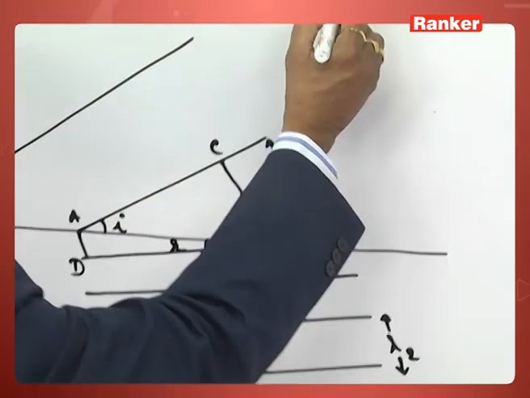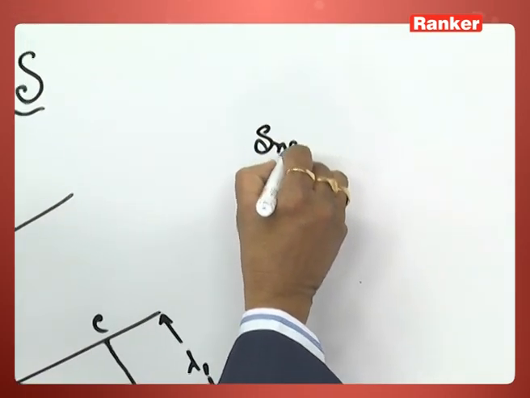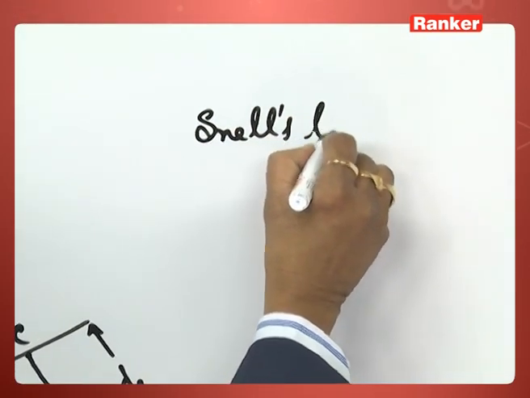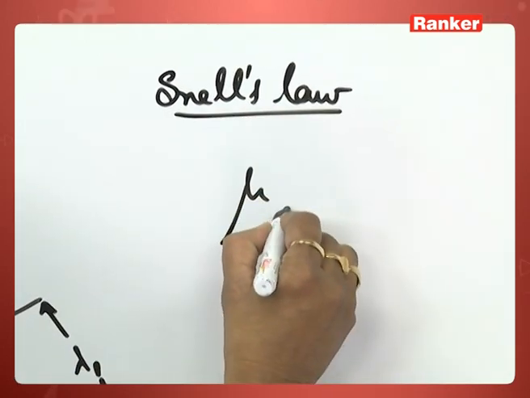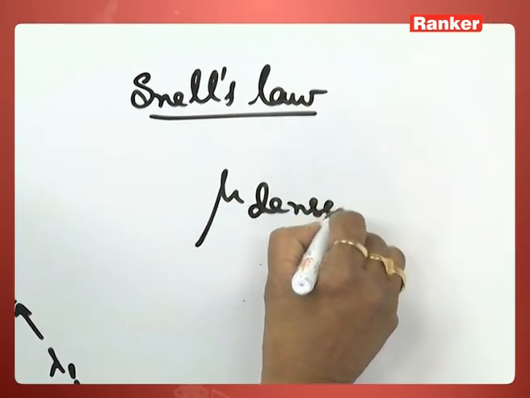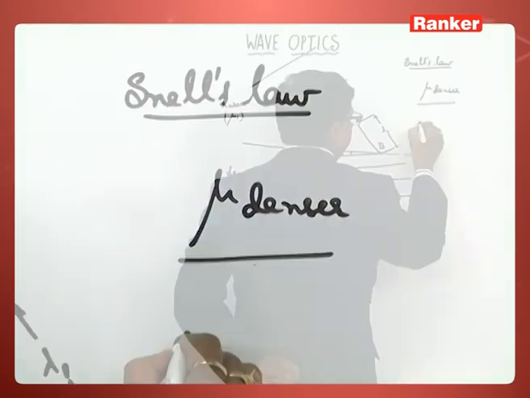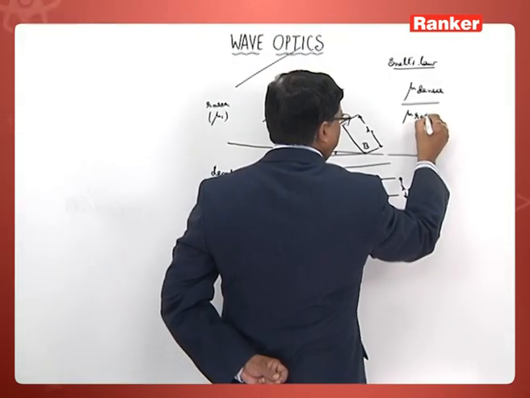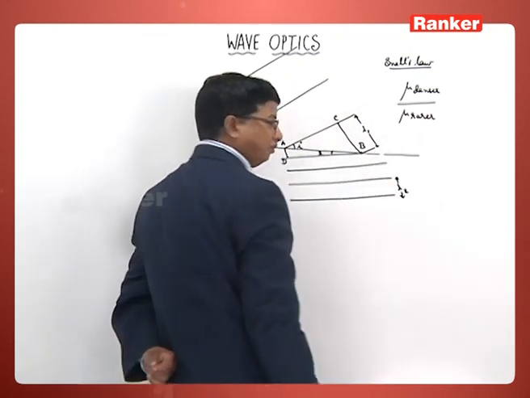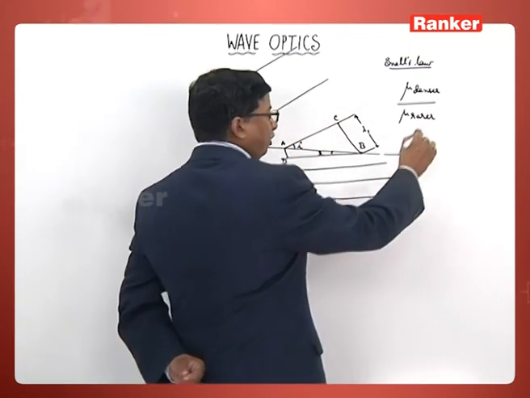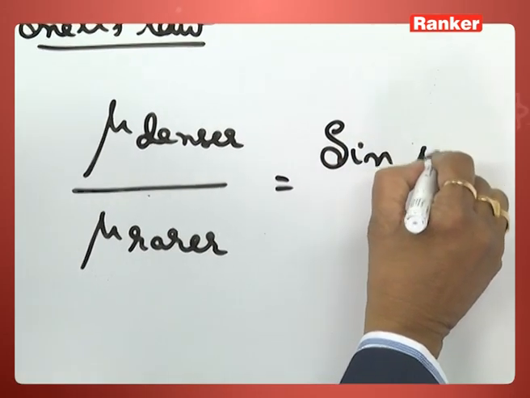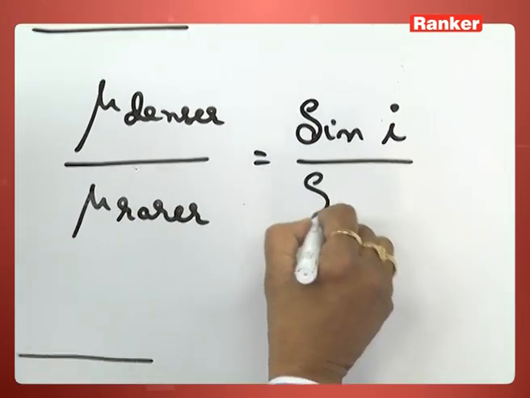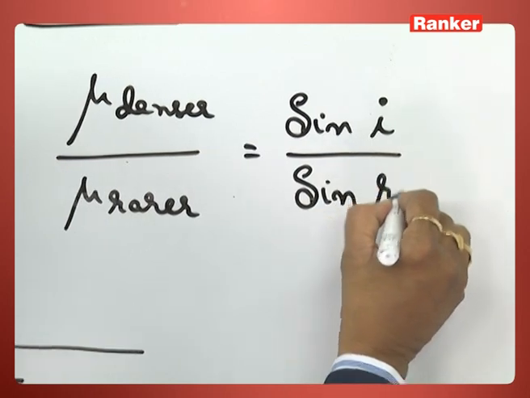According to Snell's law, the refractive index of the denser medium with respect to the rarer medium is the sine of the angle of incidence divided by the sine of the angle of refraction.